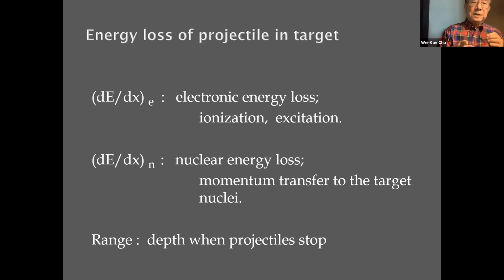So this Coulomb interaction slows you down. This type of slowing, the electronic energy loss, is almost like a friction. Like you fire a bullet into the air, the air gives you resistance.